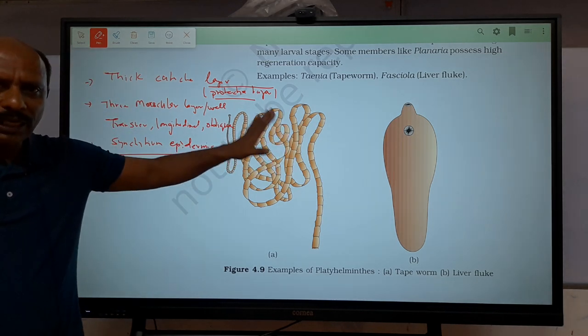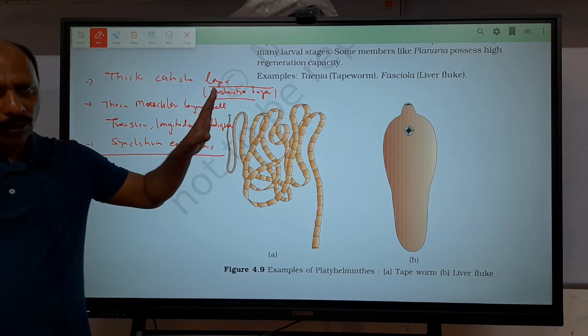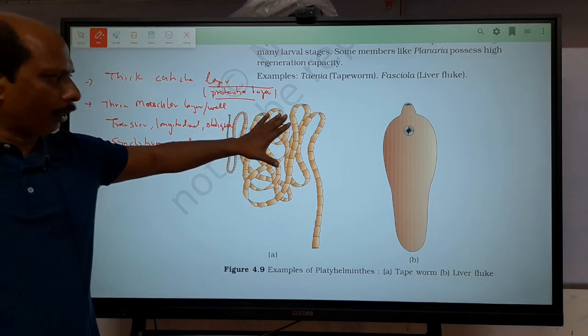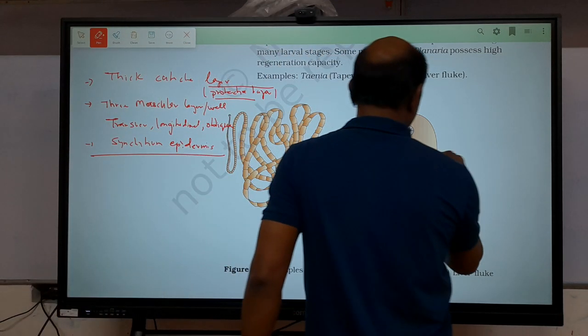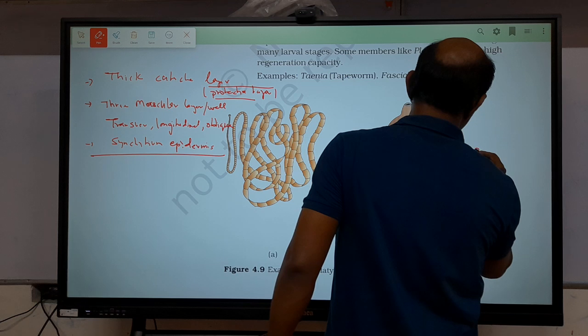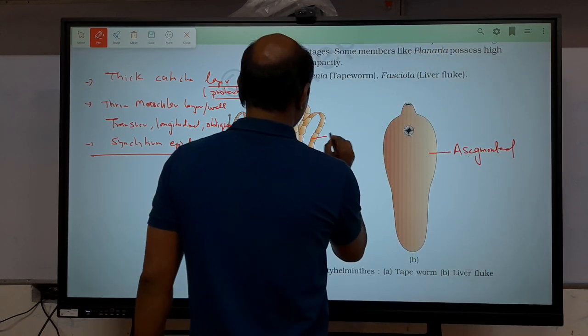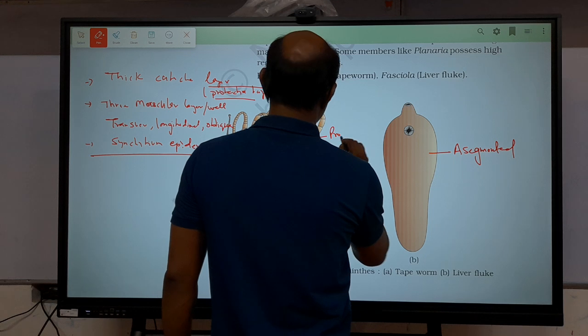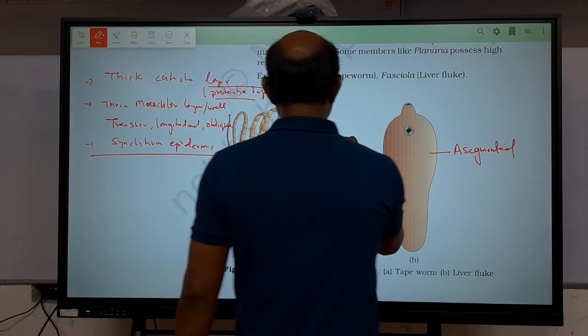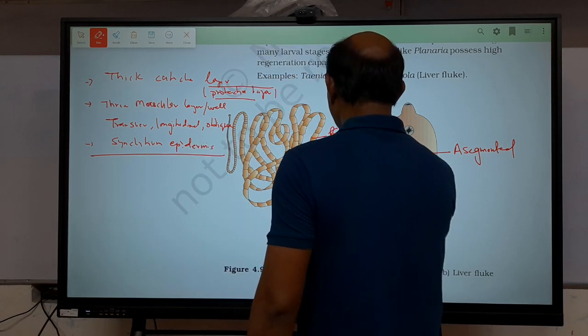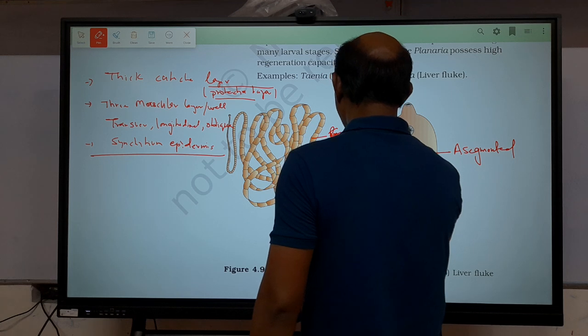Because they are endoparasites, they have no specific organs. Look here, this animal is unsegmented. But when we consider this, these are proglottids. No, these are gravid proglottids.